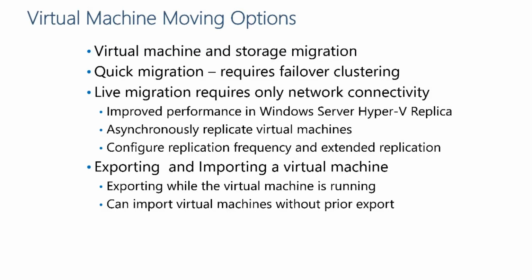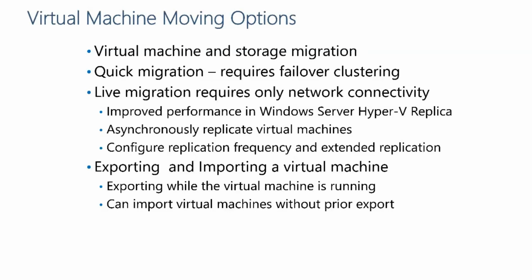So there's quick migration in Hyper-V, but this requires failover clustering, and we'll talk more about failover clustering later. There's live migration, which only requires network connectivity, and this is basically the same as vMotion.